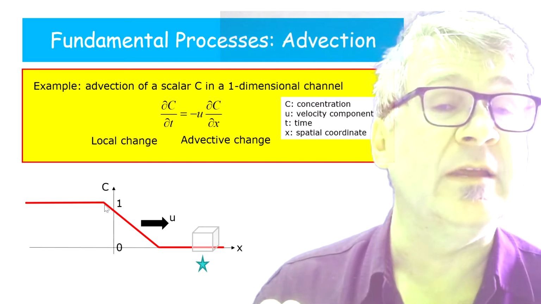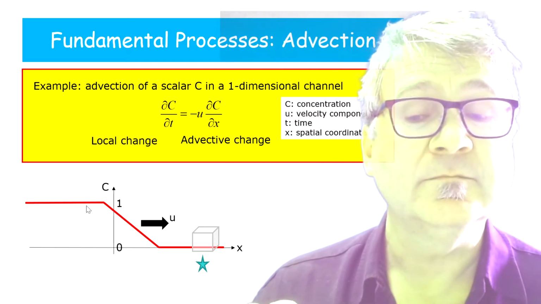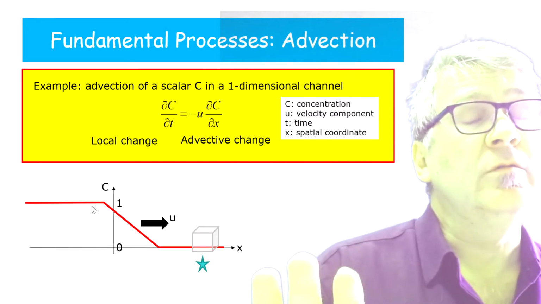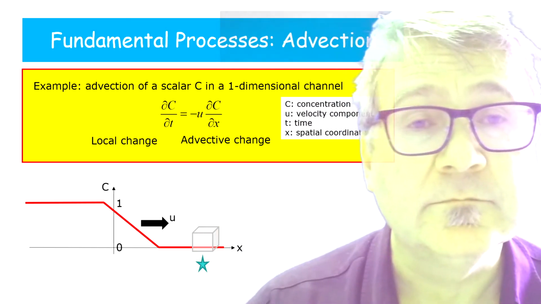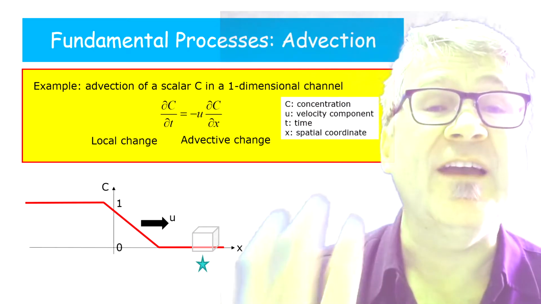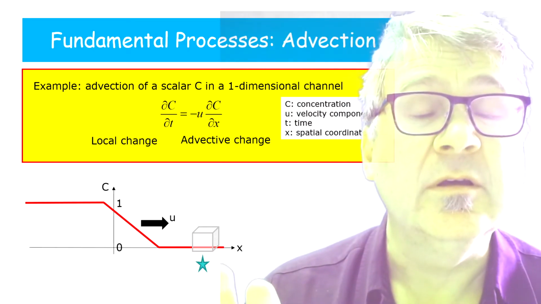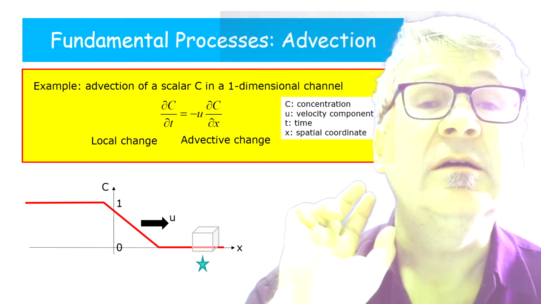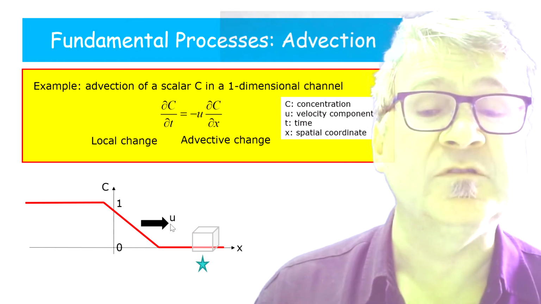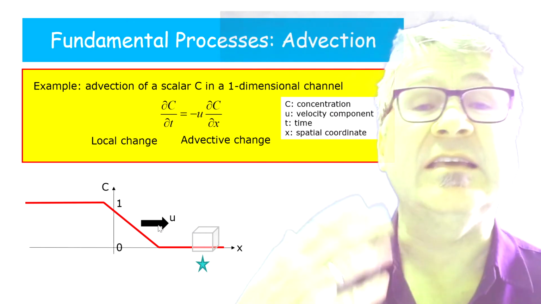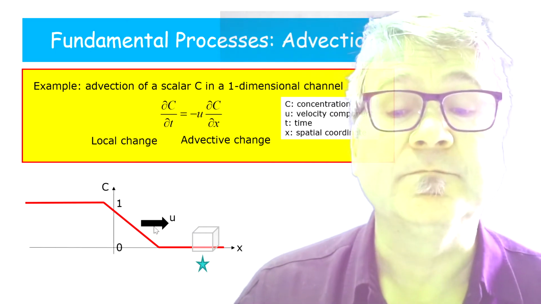There's a transition between the 1 and the 0. This is just a photo. Now you have to imagine that this entire shape is moving. It is advected by a current which has the speed of u. It's positive, so it moves to the right, as illustrated by this arrow.